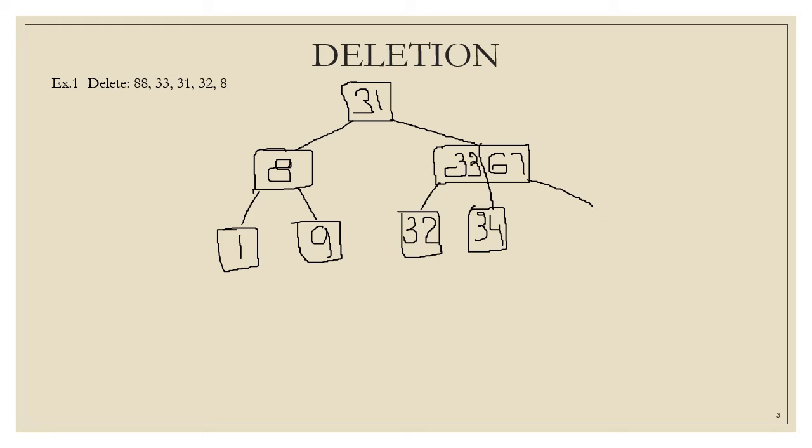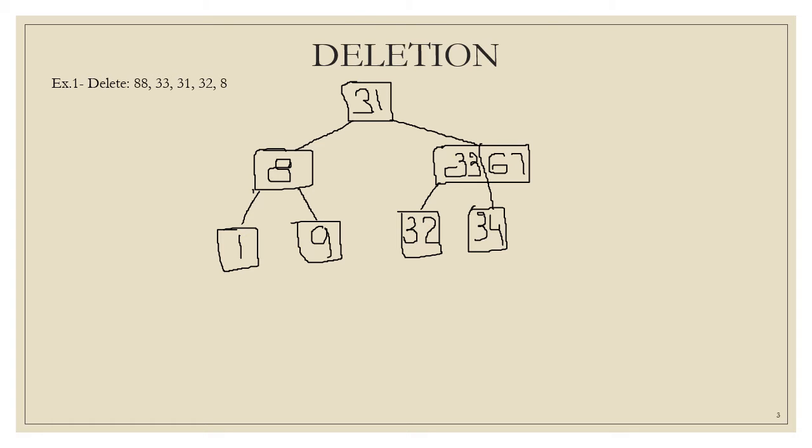So if we delete 88 from here, we can see that there is a violation. That is, this internal node has two elements but it has only two children, and it should have three children. So now we'll have to remove the violation by adjusting the tree a bit.